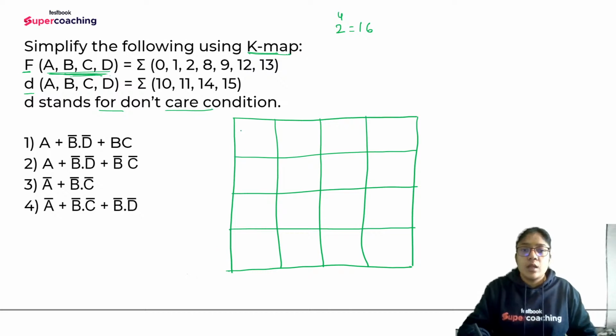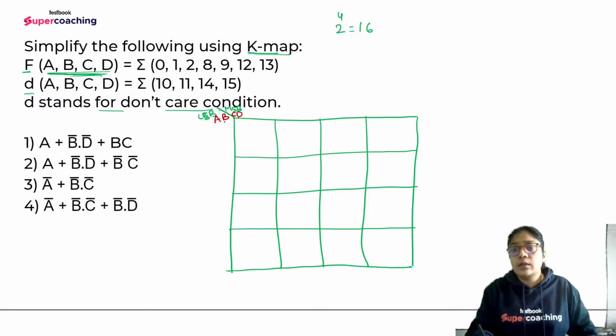Whatever is the least significant bit, we are keeping on the left hand side. The least significant 2 bits are AB, so I'll be taking AB here, and on this side we have CD.